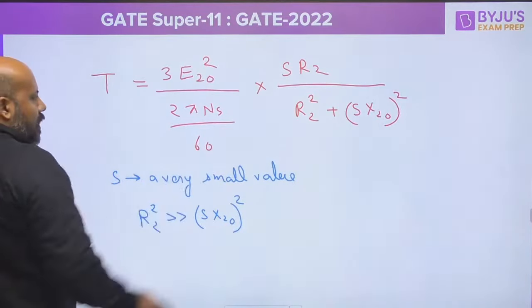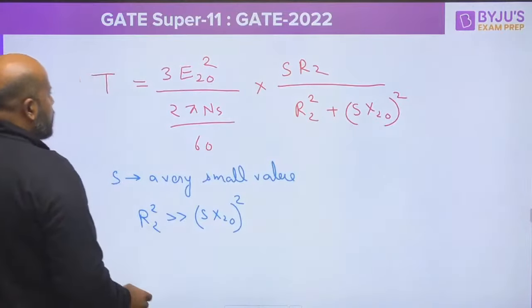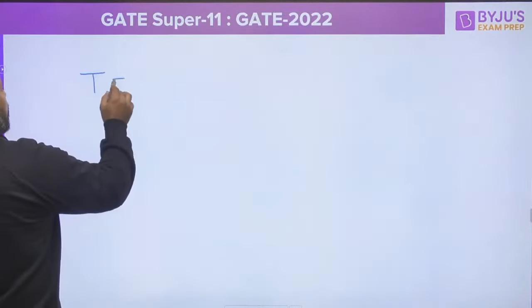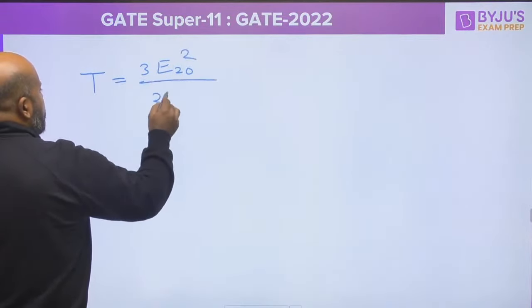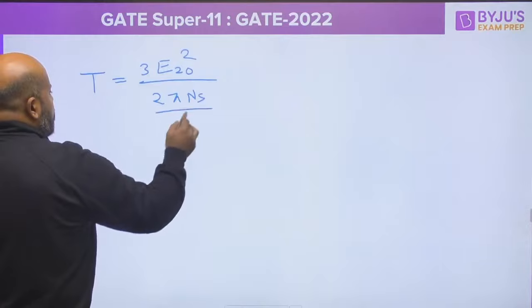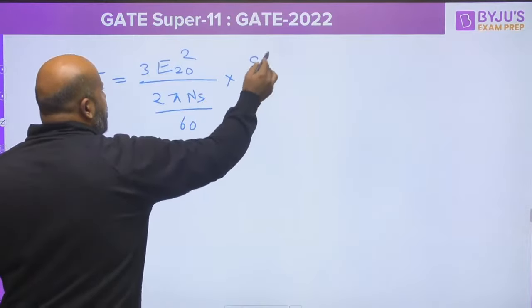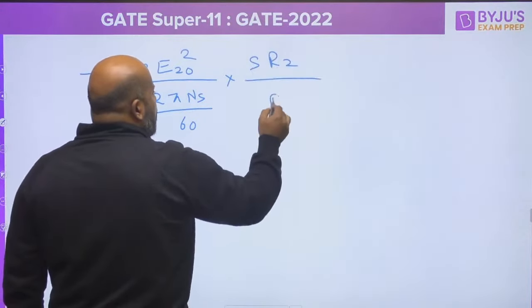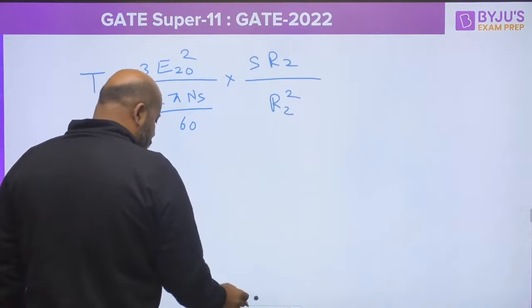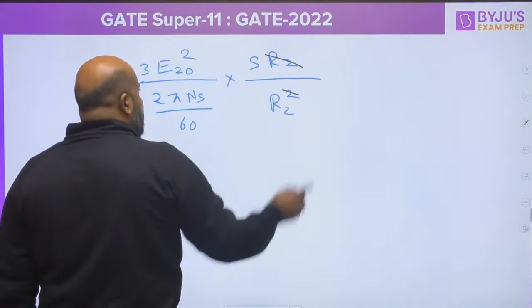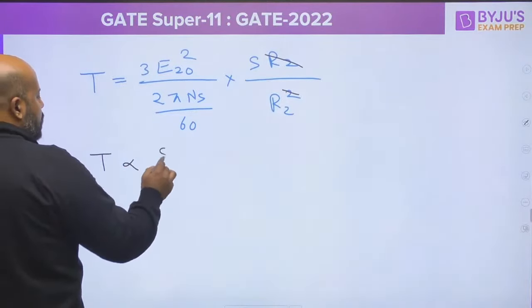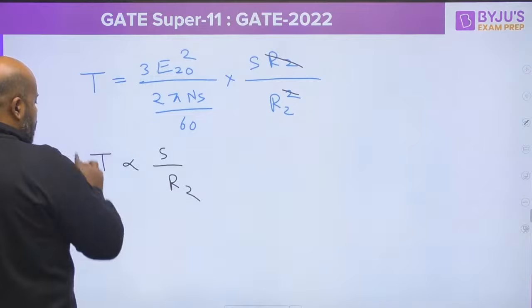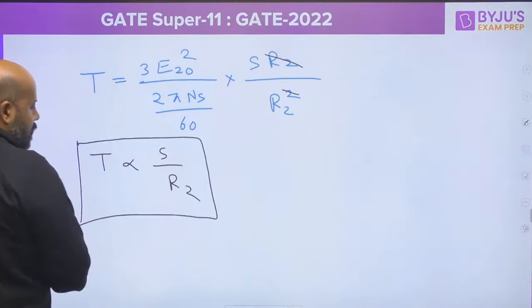So you can ignore S x2 naught whole square and simply write the torque as 3 times E2 naught square upon 2 pi ns upon 60, times slip times R2 upon R2 square. So this R2 is going to be cancelled, or simply you can write torque is directly proportional to slip upon rotor resistance. Is it clear?